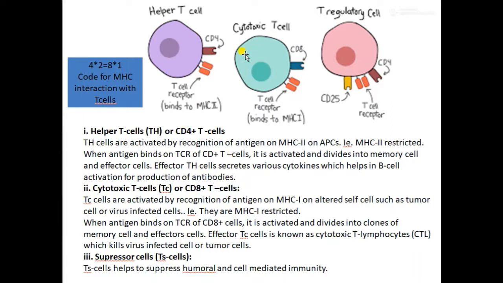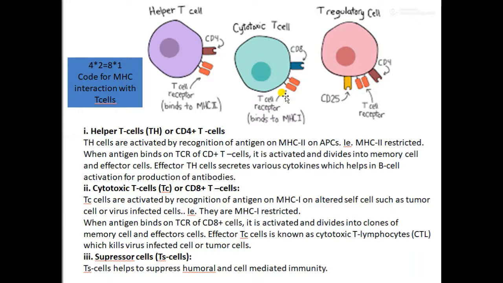And the cytotoxic T cells have a CD8 receptor, and these are the ones which interact with the class 1 MHC. Class 1 MHC is present on all cells, and it helps us recognize whether a cell is self or not.